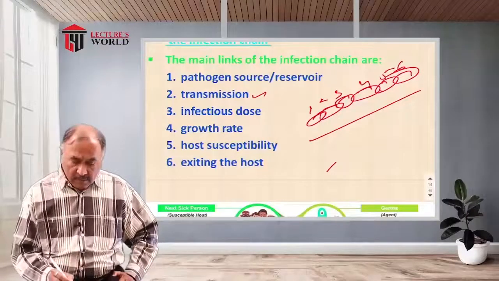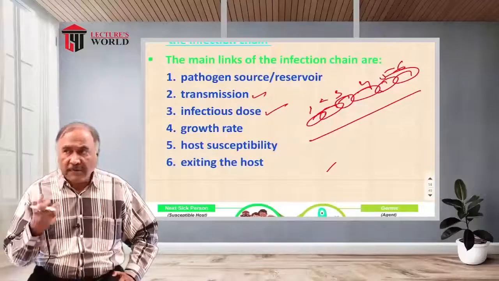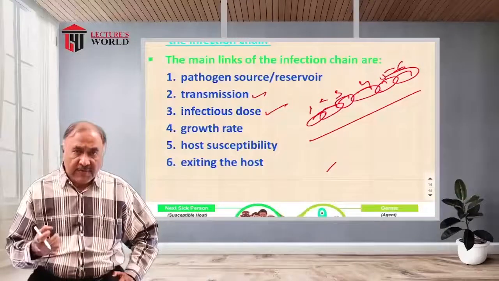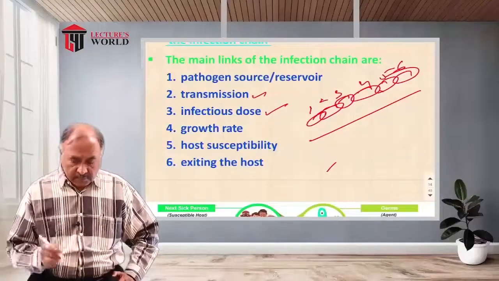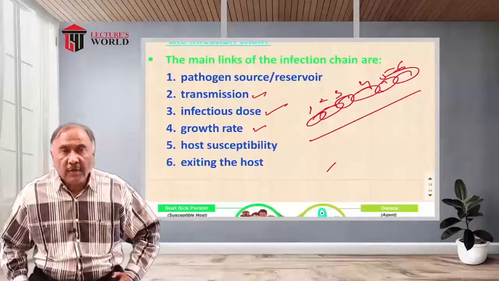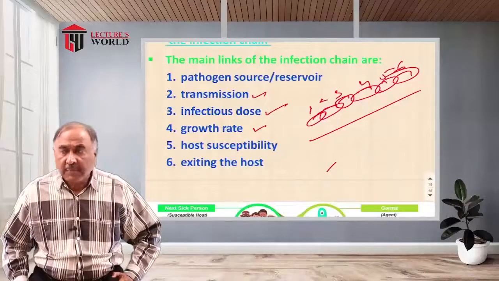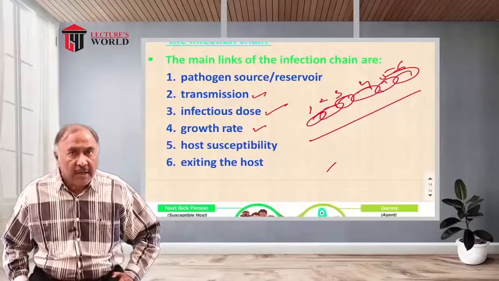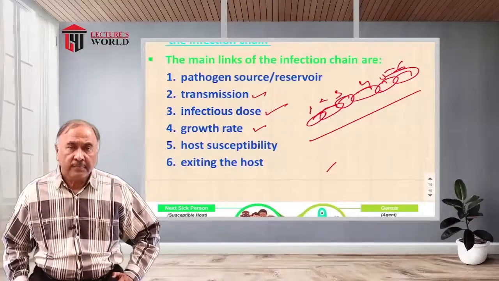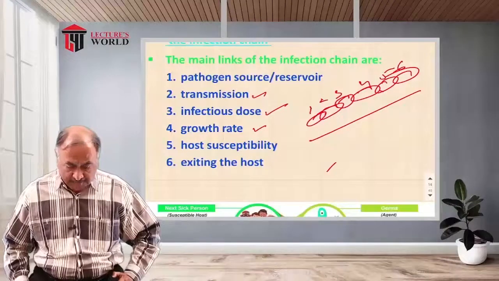And infectious dose. Minimum infectious dose is necessary for disease to develop. Then you have a growth rate. The growth rate of what? Growth rate of a pathogen. If a pathogen can multiply very rapidly, the damage can be very severe. That is called the growth rate of a pathogen.